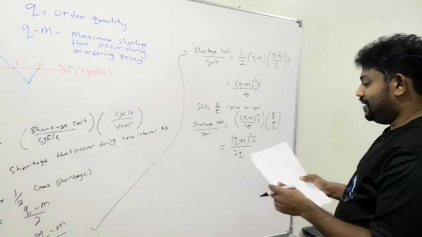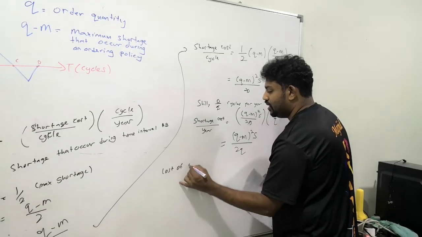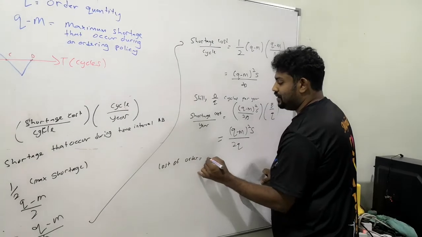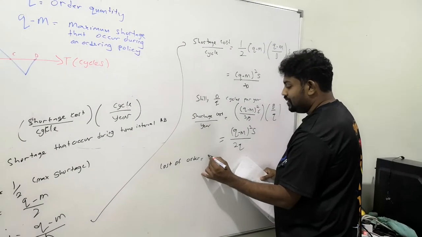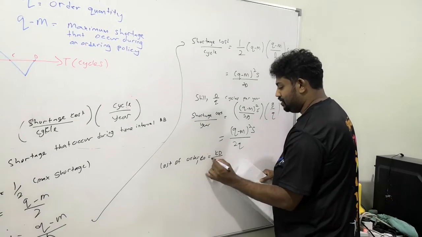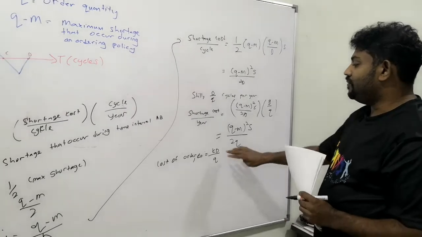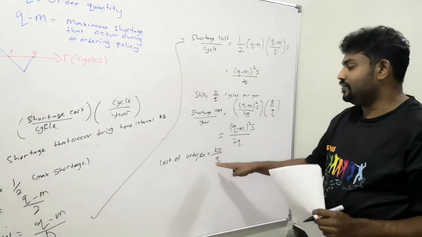And finally, for the cost of order, we call it C naught, which is KD over Q. We do not involve shortage in the cost of the order.